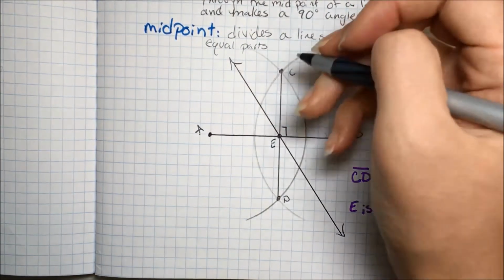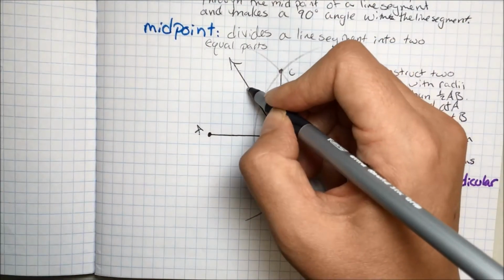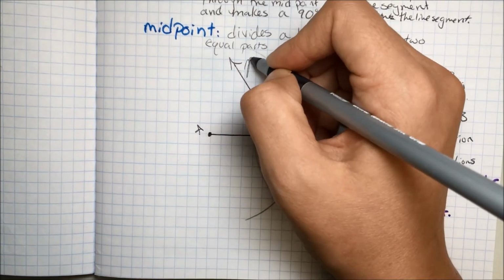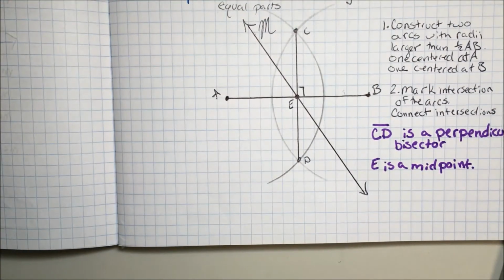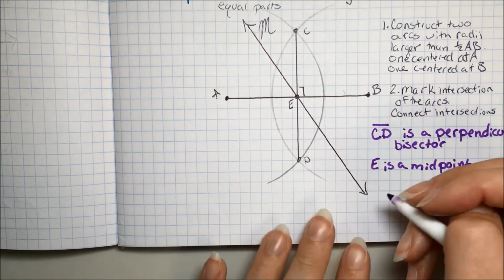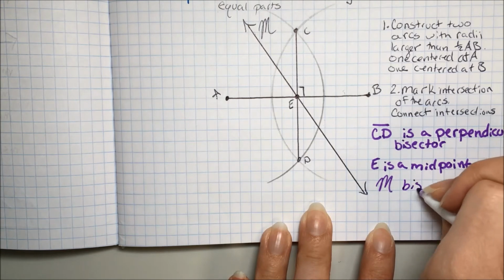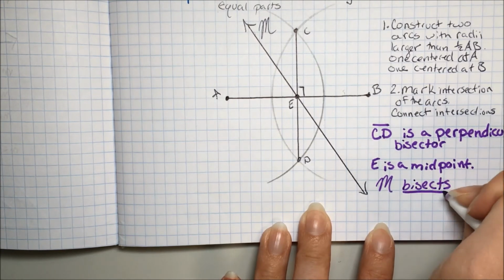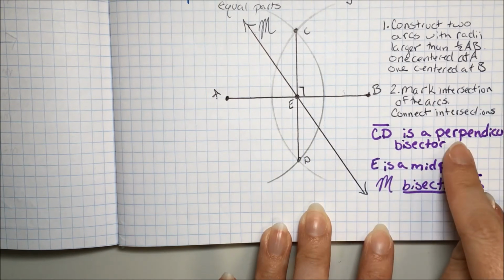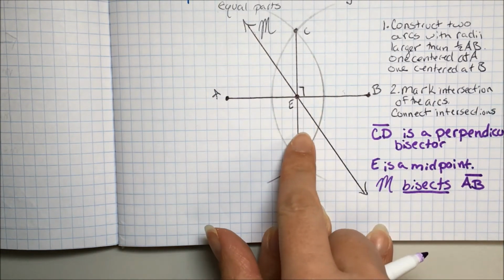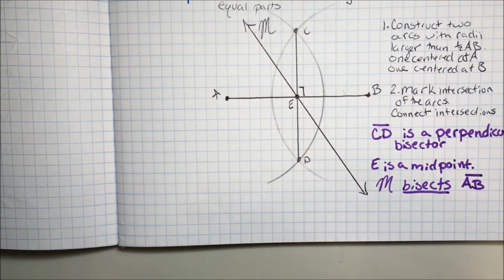Okay, CD could be a line too. You could add arrows to it, but then make sure you add arrows to your notation. I'm going to call this line M. Line M bisects AB. CD bisects AB as well, but it has a specific name, the perpendicular bisector, because it makes that 90-degree angle.